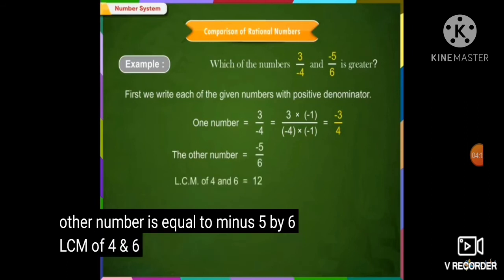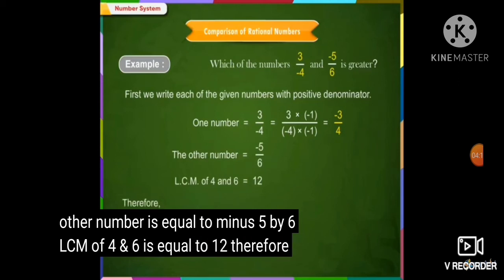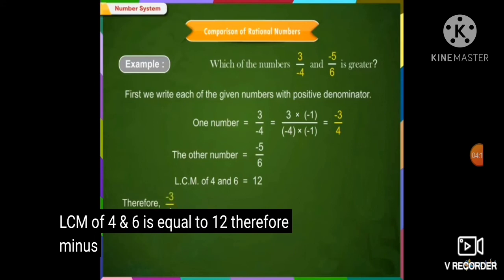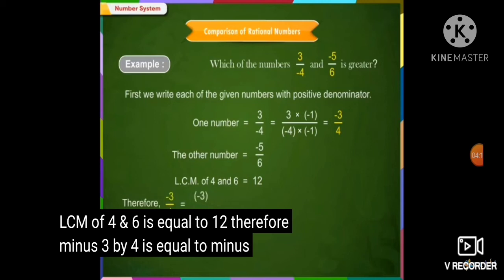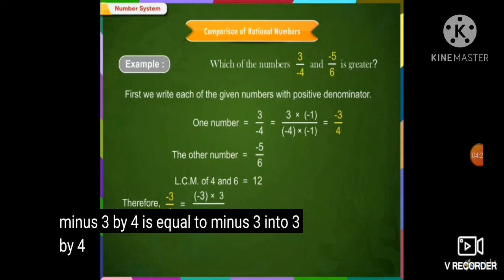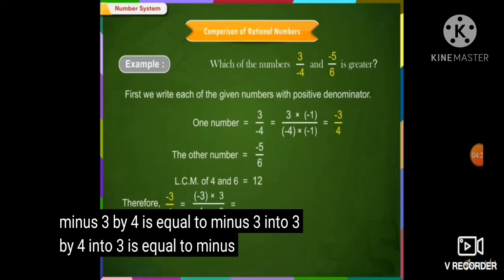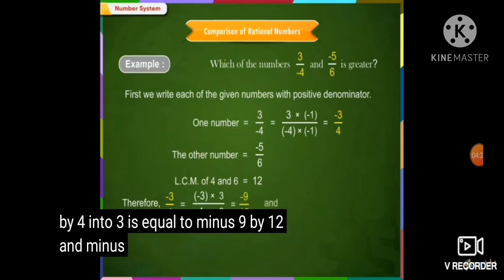Now let us take the LCM of these denominators. For 4 and 6 the LCM is 12. Therefore minus 3 by 4 is multiplied by 3 on both sides, or you can multiply the 12 directly, which is also correct, as we learnt in the previous classes.